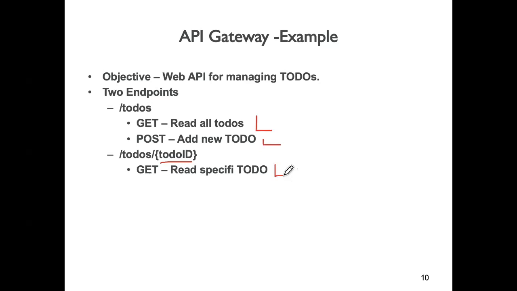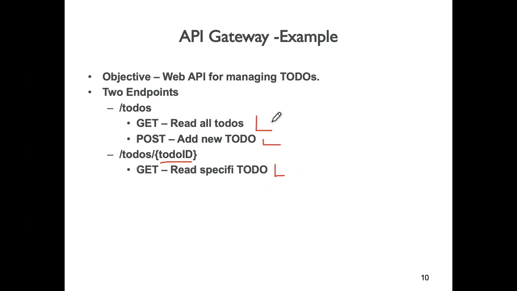Because we need to integrate our web API with some backend, and we're going to be using Lambdas as our backend. So we would expect to have three Lambdas. We'd expect to have a database as well, where those Lambdas are talking to that database.